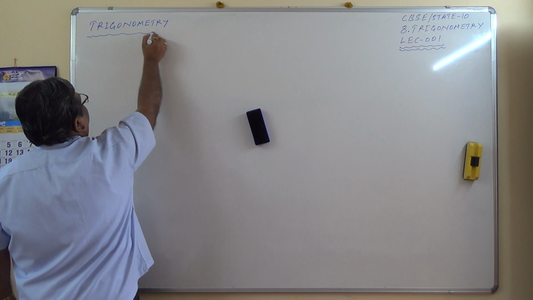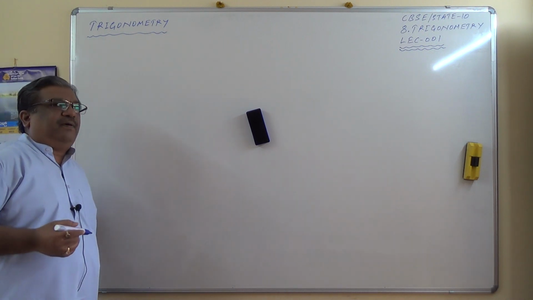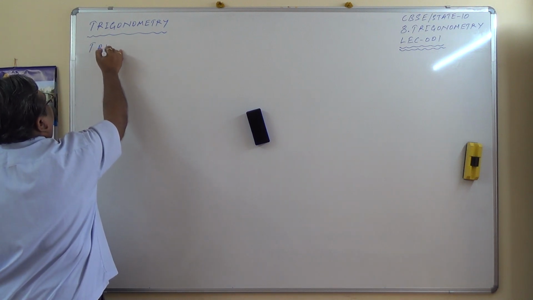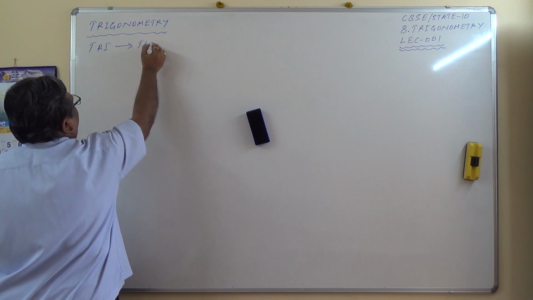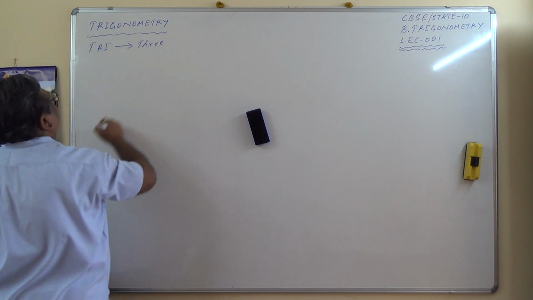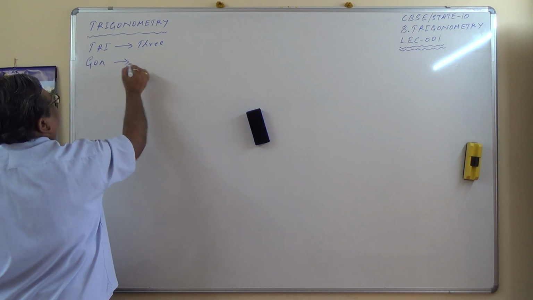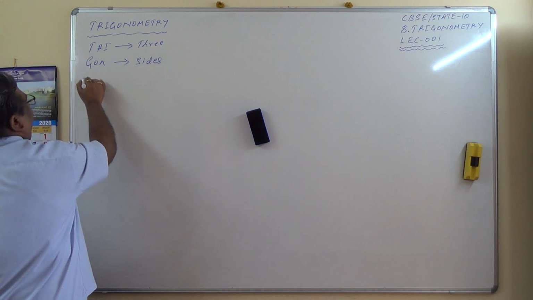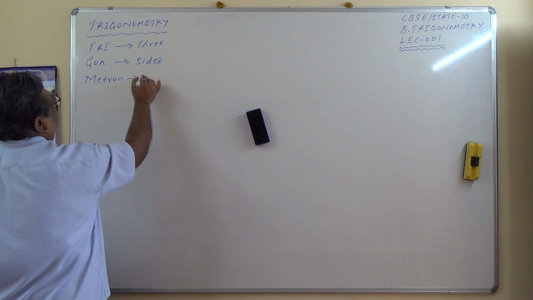This word trigonometry is derived from Greek words. Tri meaning 3, gon means sides, and metron meaning measure.